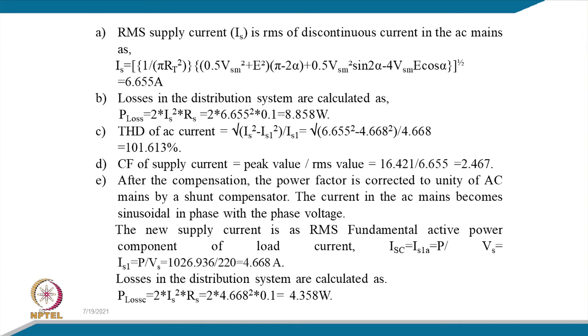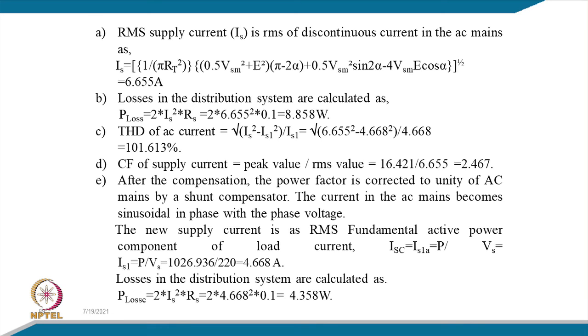You will find this relation in many power electronics books, the derivation of it, or you can derive the relation. So, it comes equal to 6.655 ampere, and the losses in the distribution system are calculated as PL equal to 2 Is square Rs, that is 2 into that RMS current squared into 0.05. So, it comes 8.85.